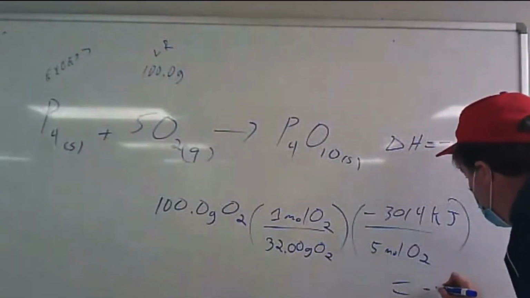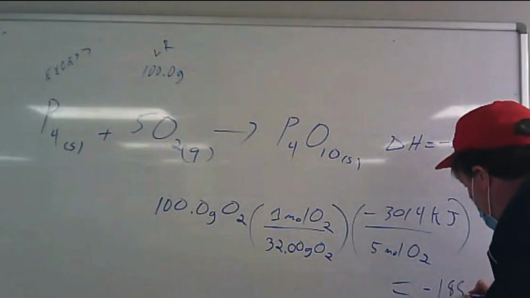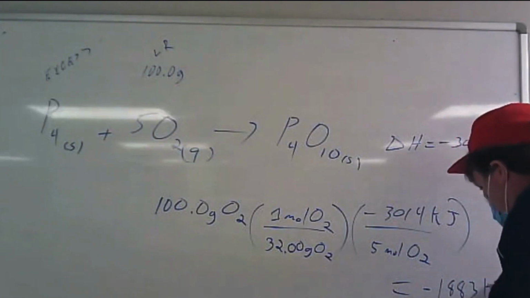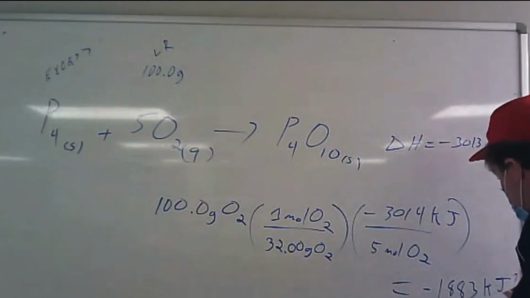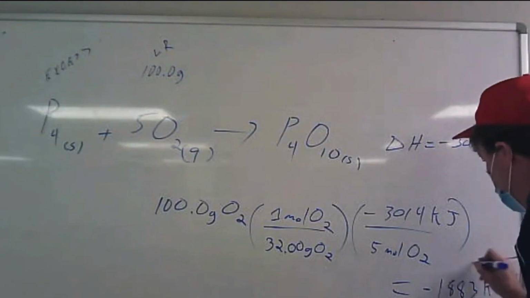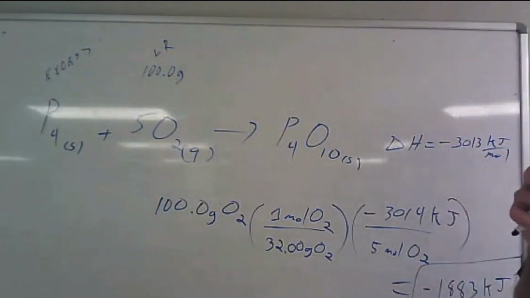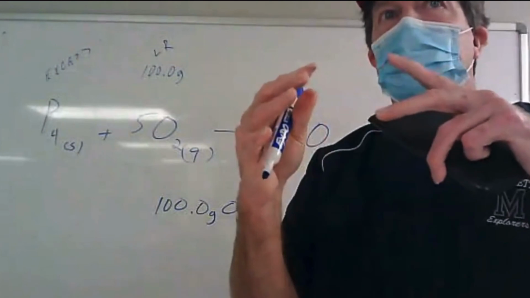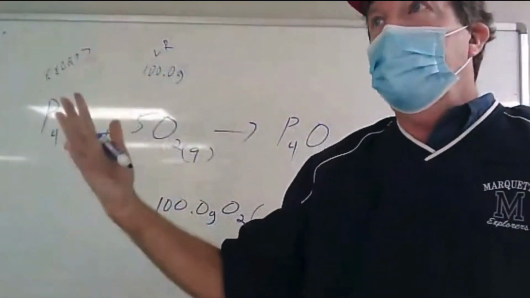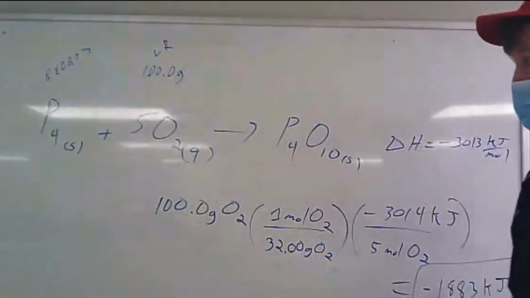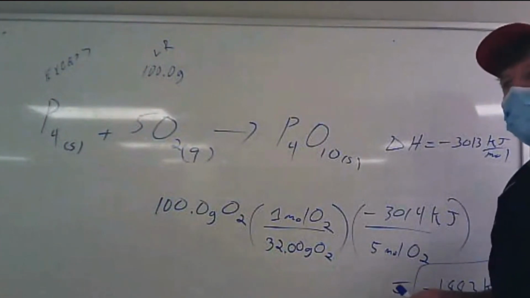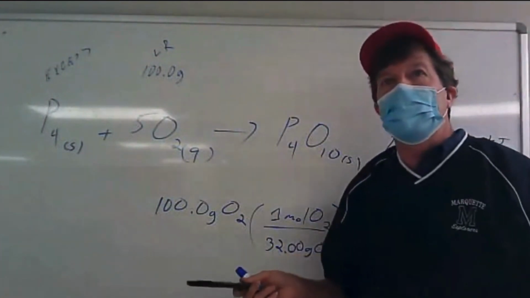Okay, so we have negative 1.883 kJs. The negative indicates energy is going from where the chemical reaction occurred to the outside world. So the outside world is heating up tremendously. What do you guys think? Is there a question here?